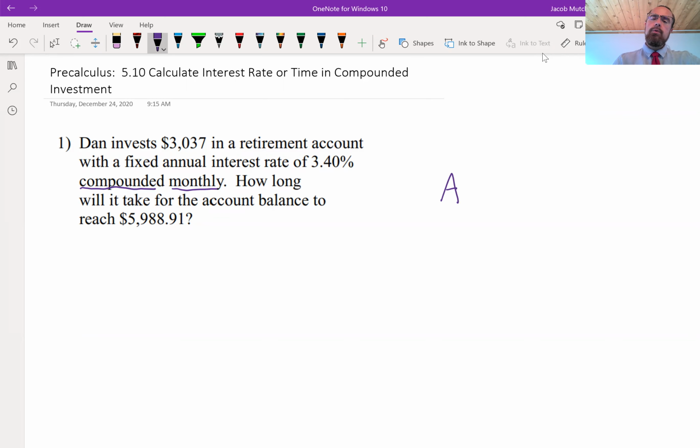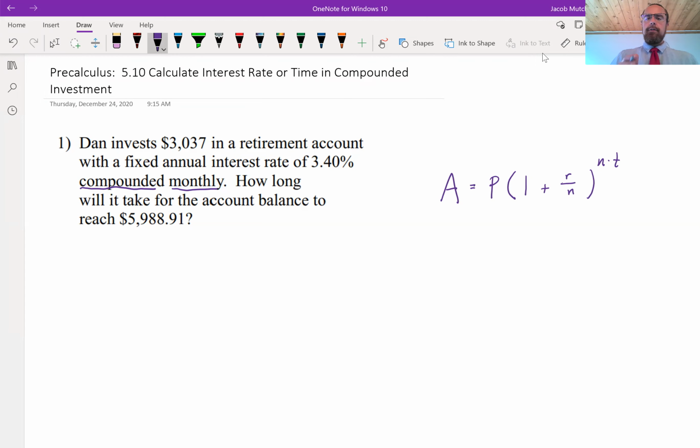So remember, that one's going to be A, the future value, equals the principal, times this base that we represent as 1 plus the interest rate divided by the number of times that I compound the interest in the year, to the power of that same n value times time in years.